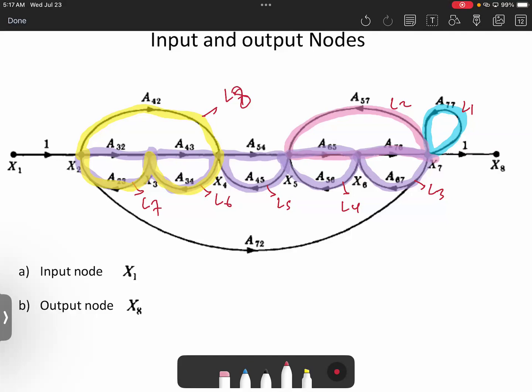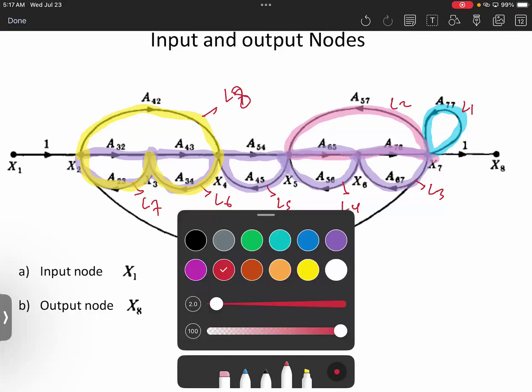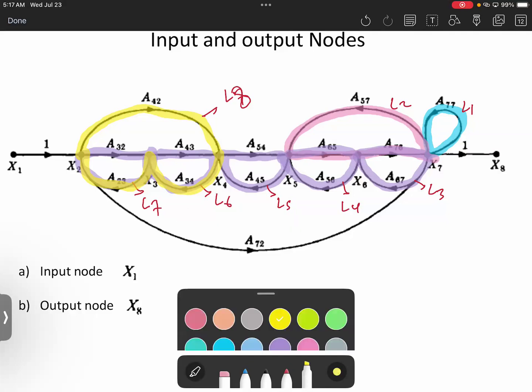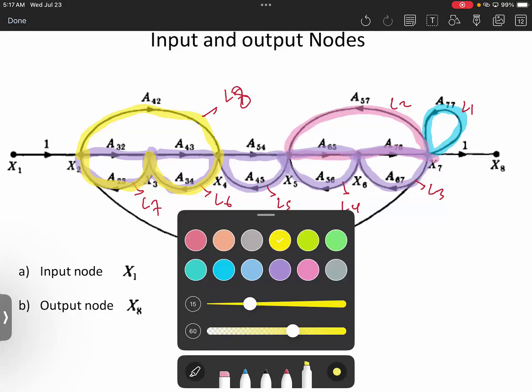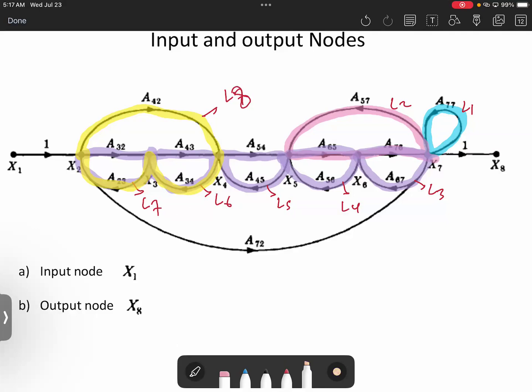X2 to X7. Then okay. Wow. Okay. This is loop number 9.